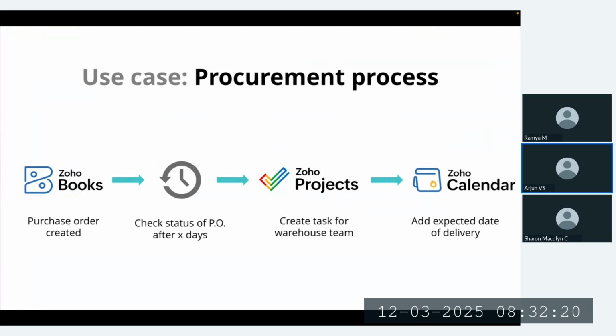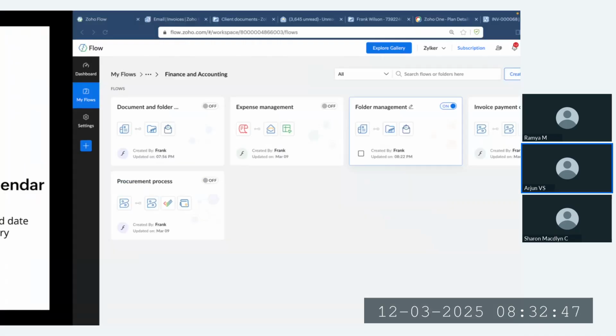And then we need to create a task in Zoho Projects for the warehouse team only if that purchase order is billed, so that they can start preparing for the delivery and get the paperwork done and all that. We also need to instantly create an event in their calendar with the expected delivery date. Let's see how this is done.